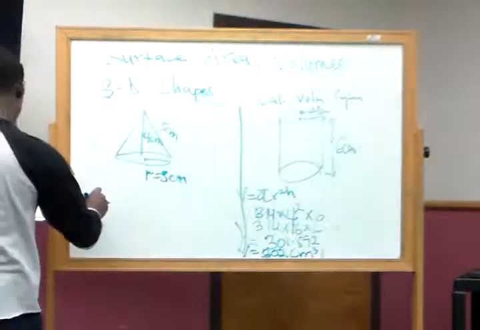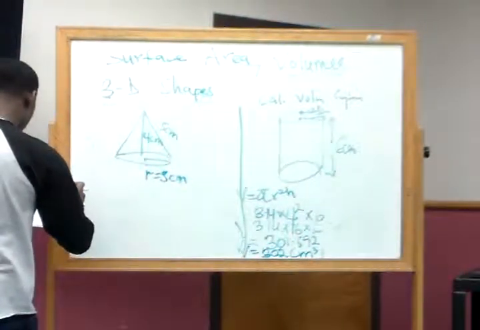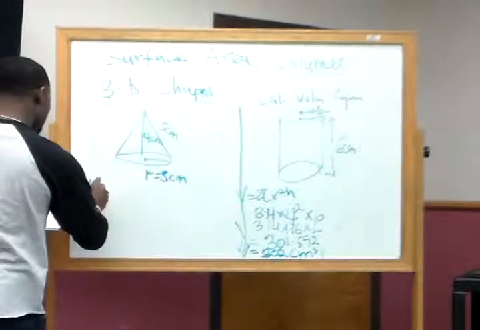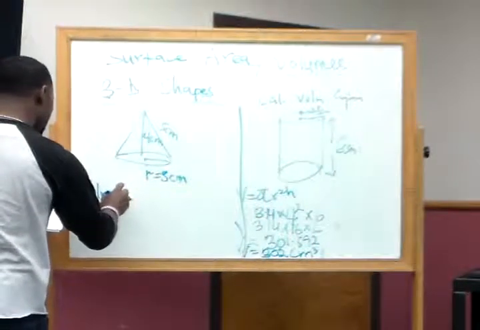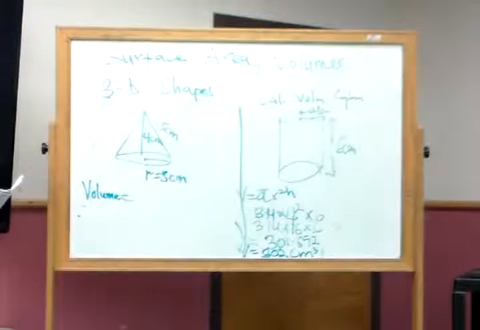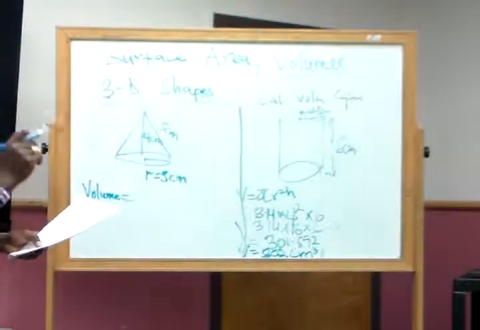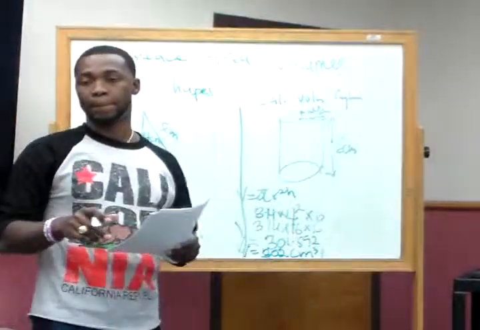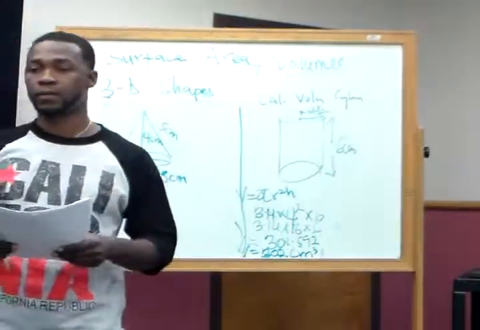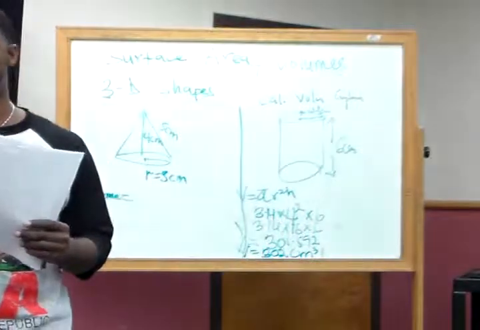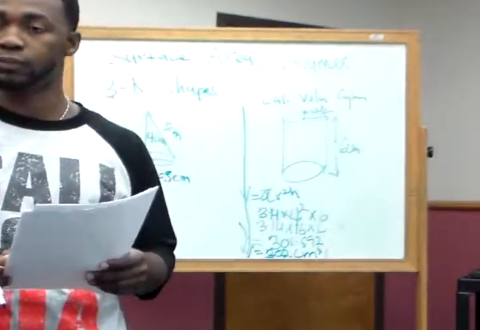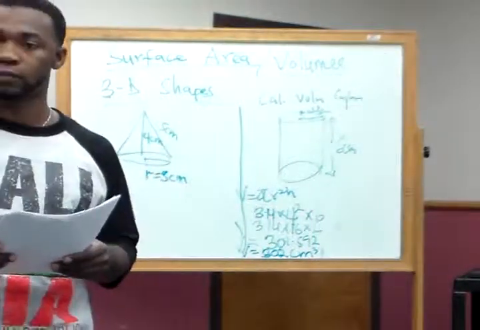So therefore, finding the volume is going to be what? Look down that formula chart and tell me what the formula for finding the volume of a cone will be. Yes.